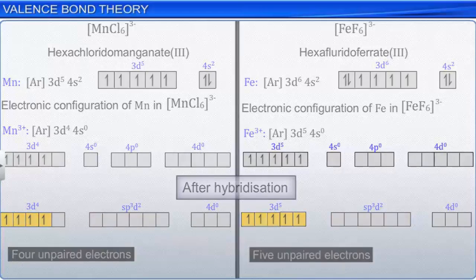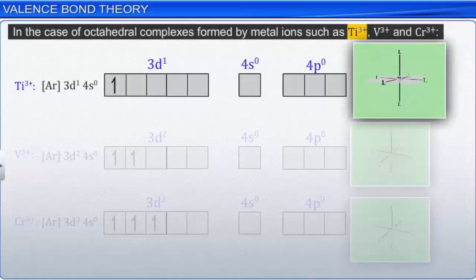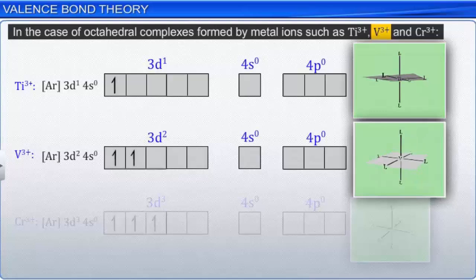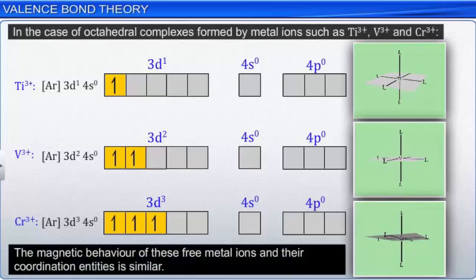However, note that in the case of octahedral complexes formed by metal ions such as titanium 3+, vanadium 3+, and chromium 3+, which have 1, 2, and 3 unpaired electrons, the magnetic behavior of these free metal ions and their coordination entities is similar.